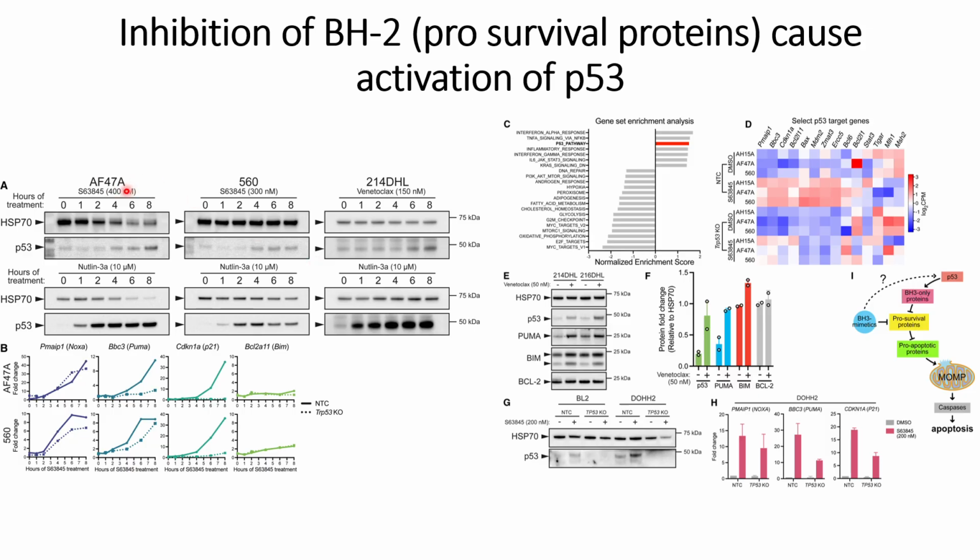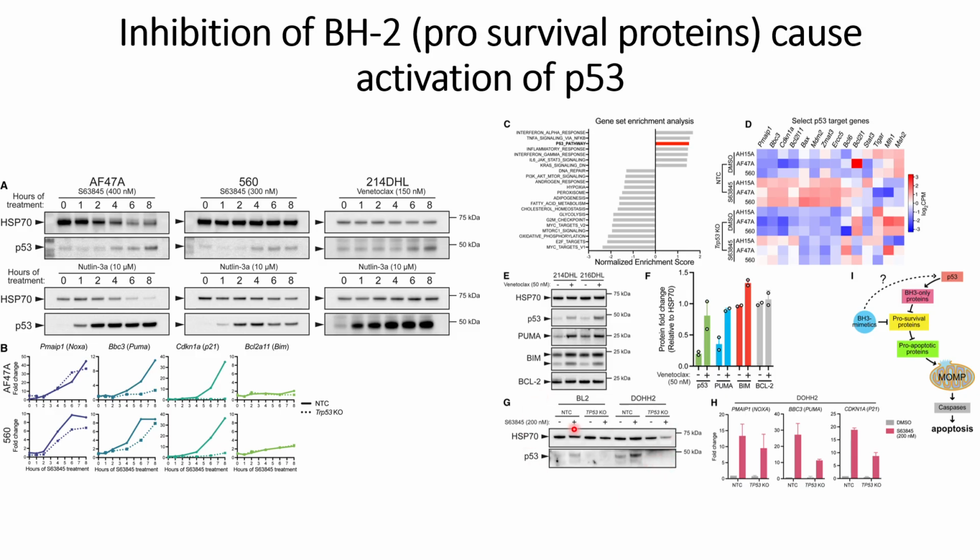So they did the analysis on AF47A cell lines, and they used the inhibitor S63845 in the control, and they see a slight increase in p53, but for the TP53 knockout they do not see any increase. And for DOHH2, they see similar results: in the control case they see an increase in TP53, but when TP53 is knocked down, they do not see any increase in the signal for TP53.